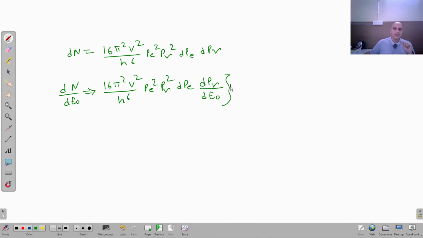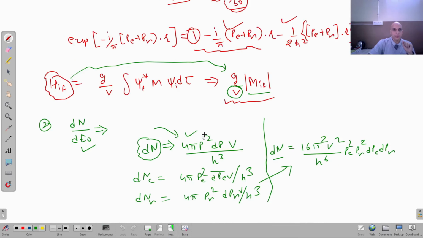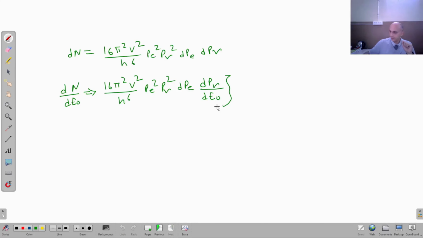This is the expression that I got here. Let's go to the previous page, it was equation number 3. So let this be equation number 4 and this be equation number 5.